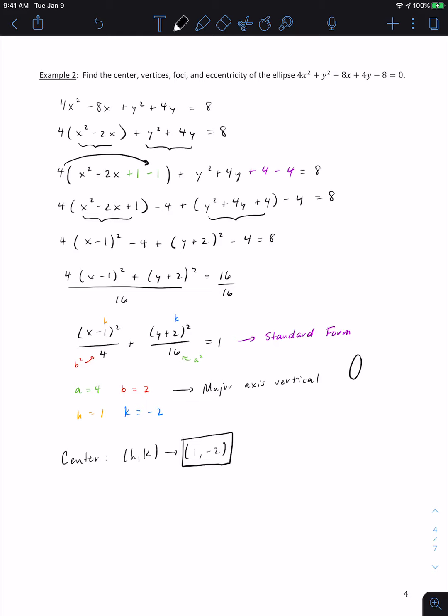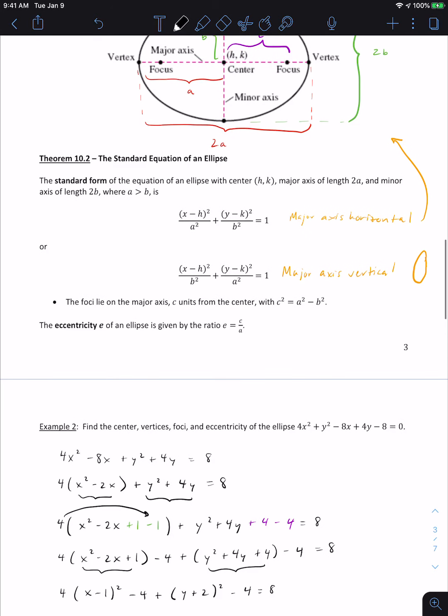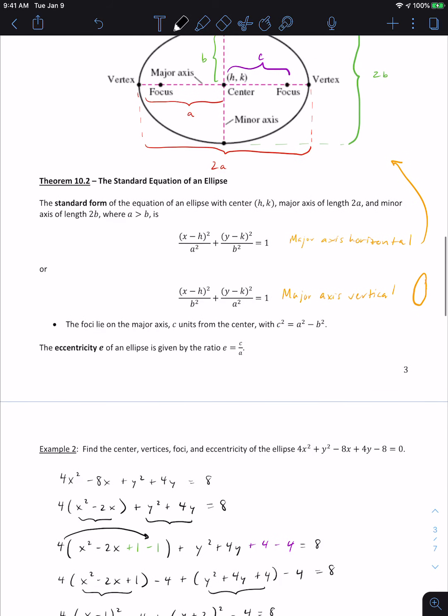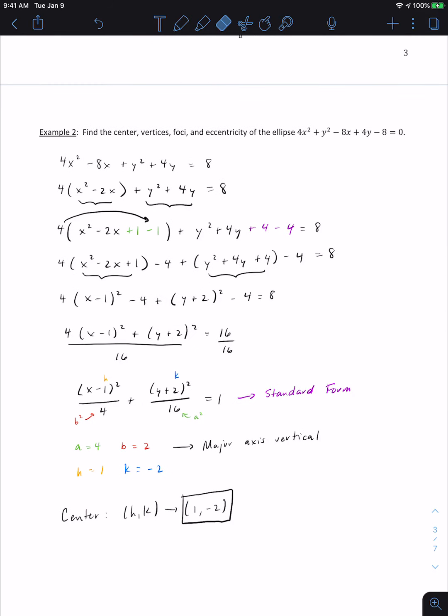So now the vertices. How do I find the vertices? I know the distance from the center to the vertices is A, right? So in this instance, I'll draw my ellipse a little bit bigger.